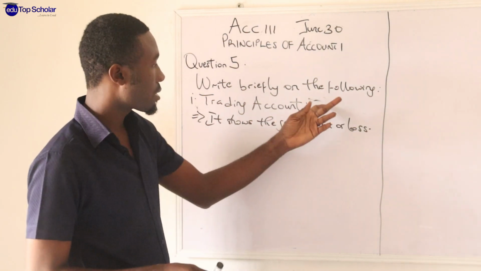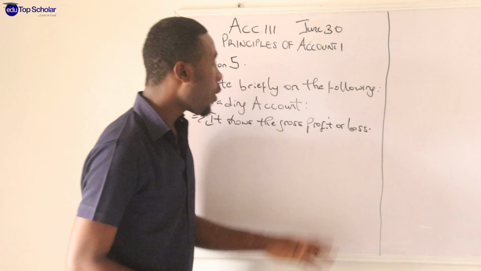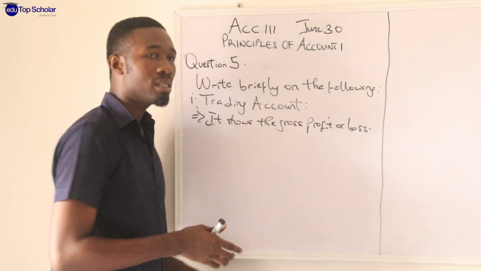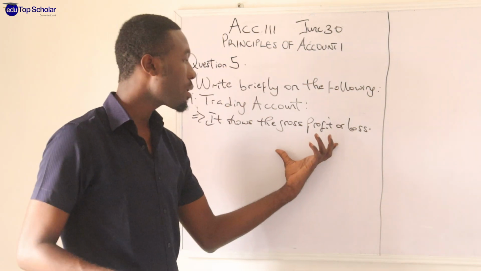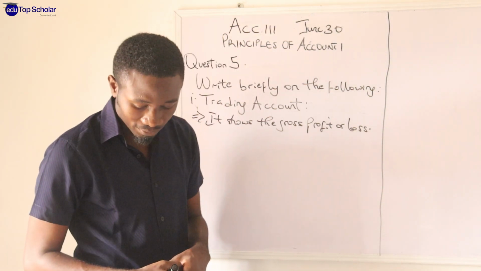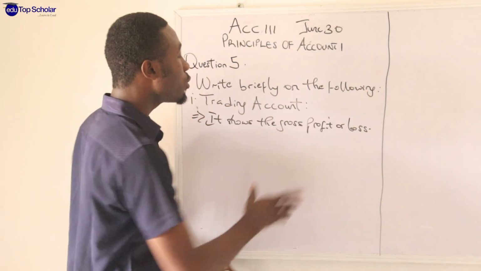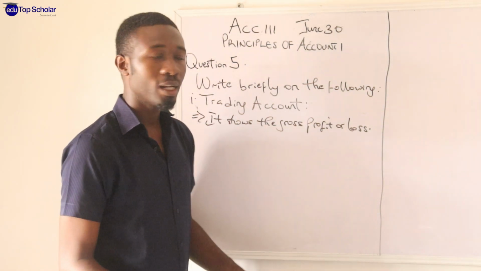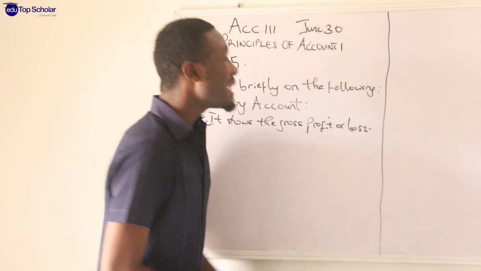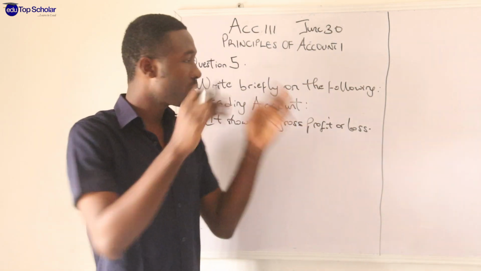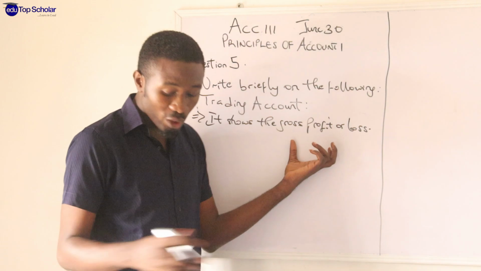If you write this in your exam, you are halfway done, because the whole essence of a trading account in a financial statement is that it shows whether you have a gross profit or a gross loss. And what do we mean by gross profit? Gross profit is profit before you deduct your expenses. So you have gross profit or gross loss. That is the whole essence of the trading account. So if you know this and you write it, you are halfway done.